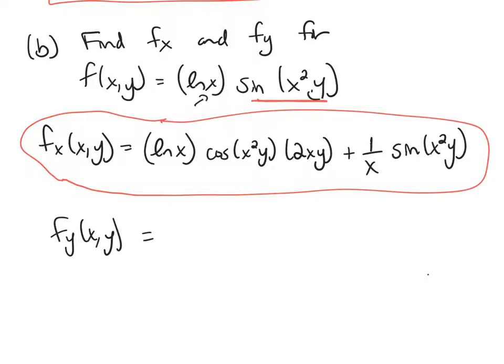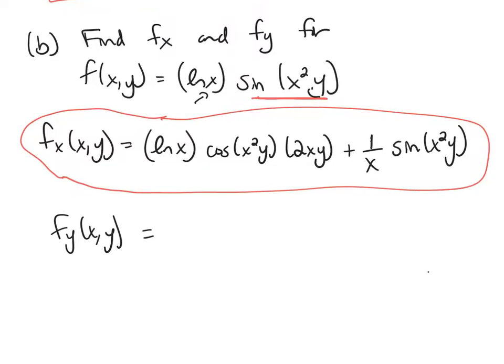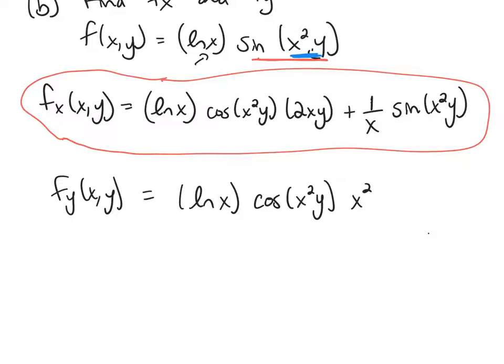So I no longer have to use the product rule. The derivative would be ln of x, and then I have to use the chain rule. The derivative of sine is cosine, and then take the derivative of the inside with respect to y, and that would just be x squared. And there is my partial derivative with respect to y.